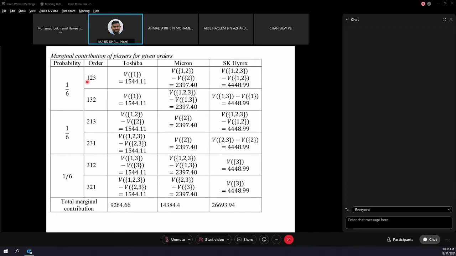According to the order, 1 enters first, then 2 enters. So to find the payoff for this order, since it is 1, 2, you need to take the value of the correlation of 1 and 2, and minus the value when the previous player does it alone.